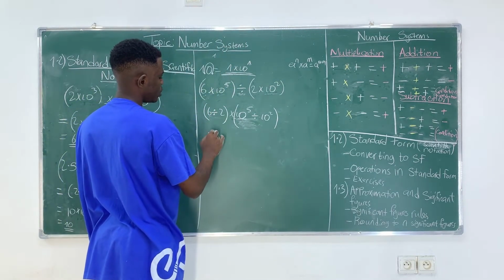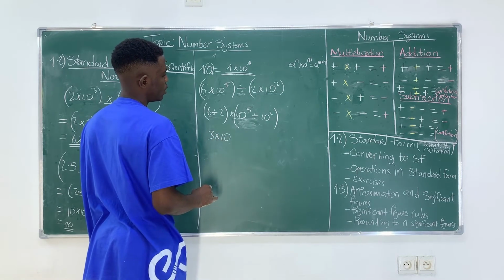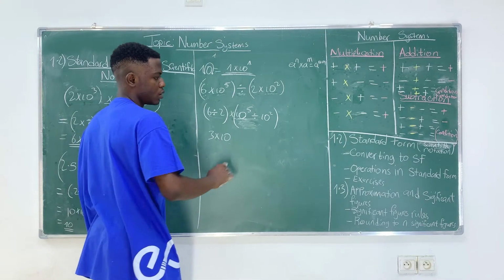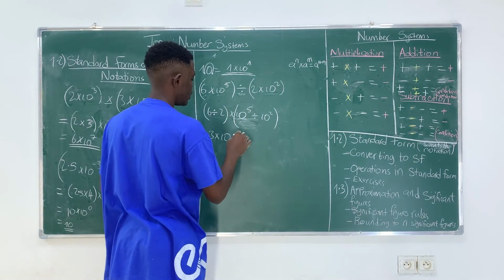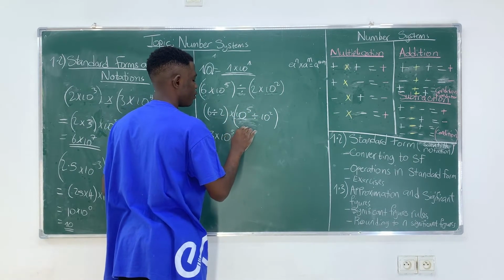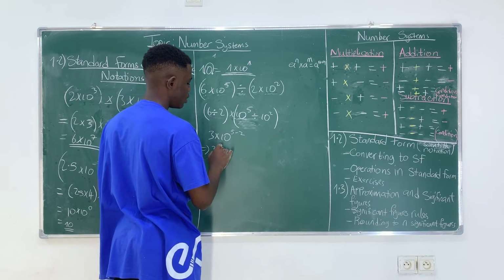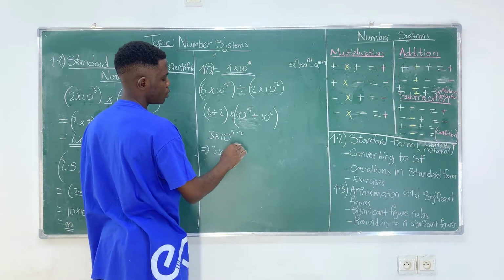So 6 divided by 2 is going to be what? 3, times 10 to the power. 10 to the power 5 divided by 10 to the power 2 is the same as 10 to the power 5 minus 2, which implies the answer is 3 times 10 to the power, what is 5 minus 2?